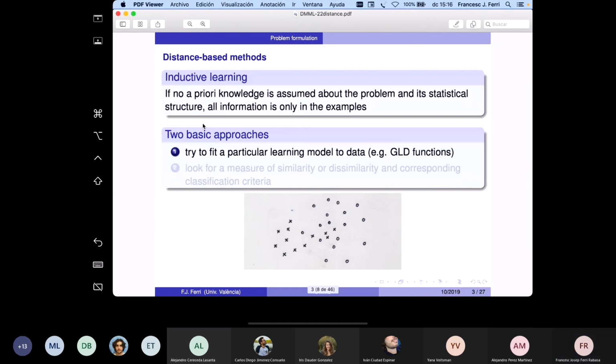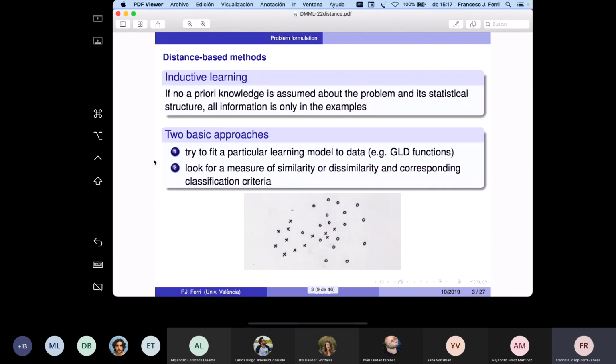We will arrive there, but anyway, we fix a particular architecture for a neural network with, let's say, a huge amount of parameters, and then my problem is to find which are the parameters for this network that best separate my data. This is one of the approaches from the non-parametric point of view.